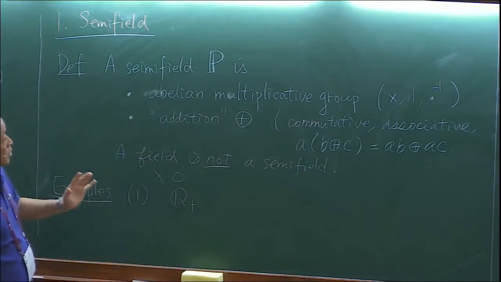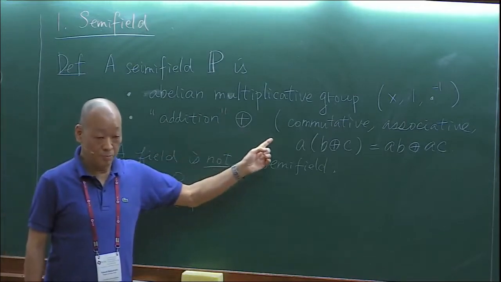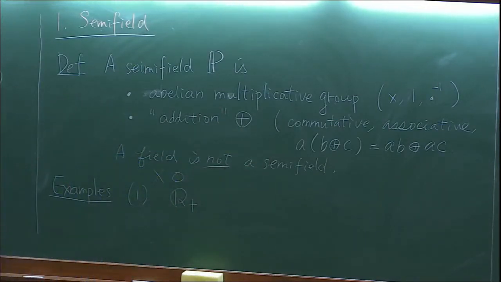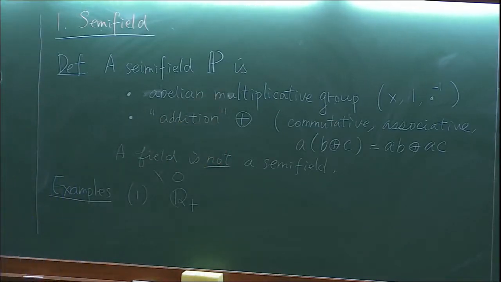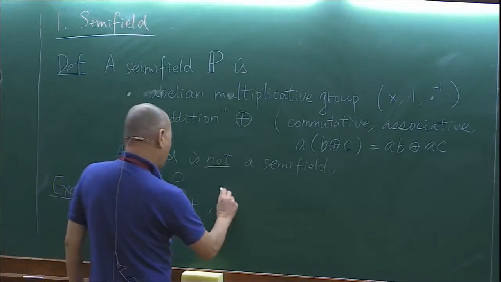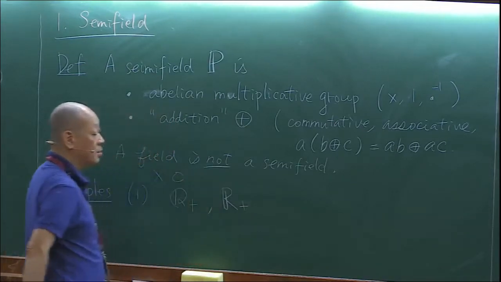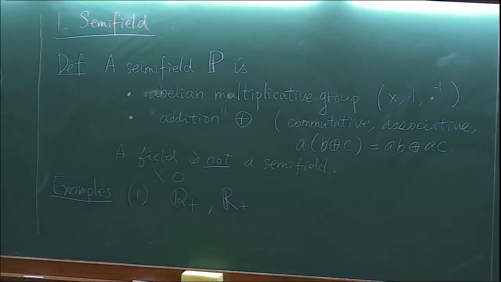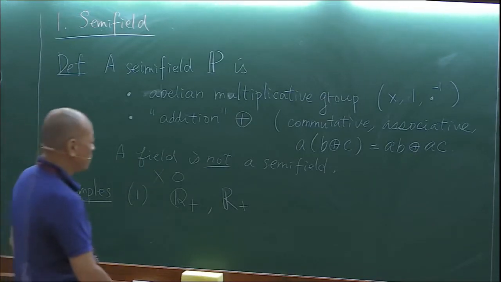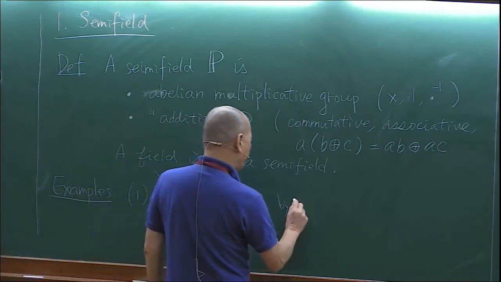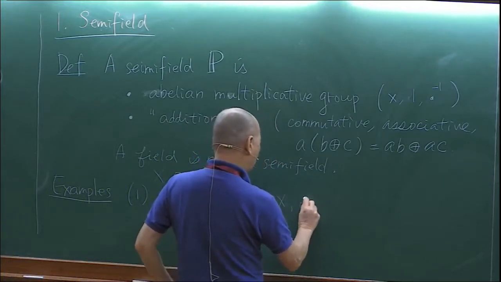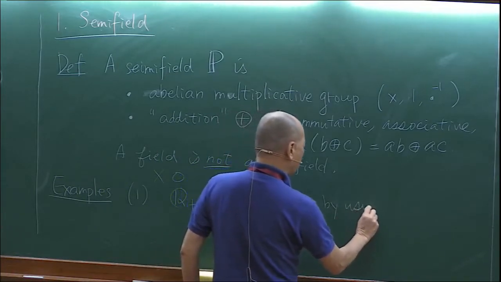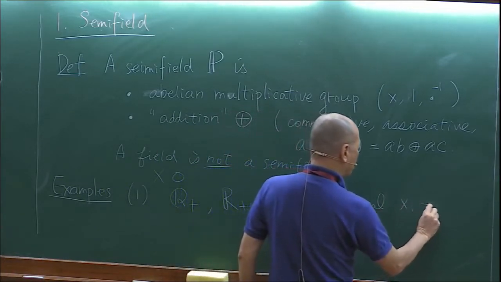One of the important points is that no subtraction is defined at all, because including 0 is not compatible with this structure. And the set of positive real numbers is a semi-field by the usual multiplication and addition.